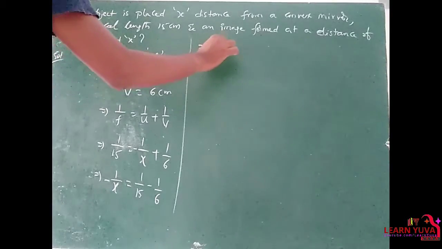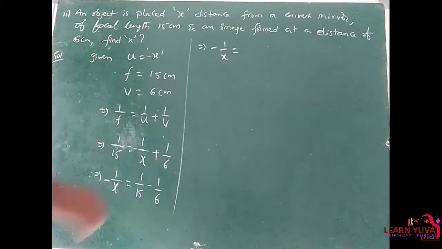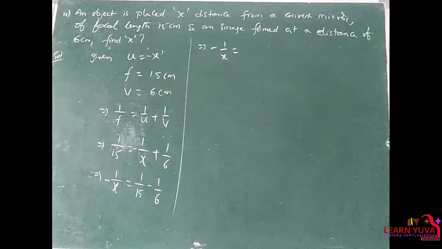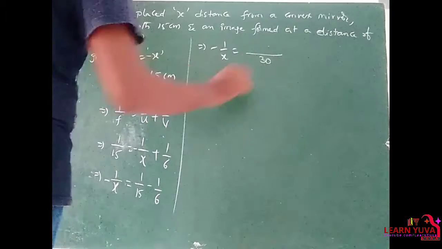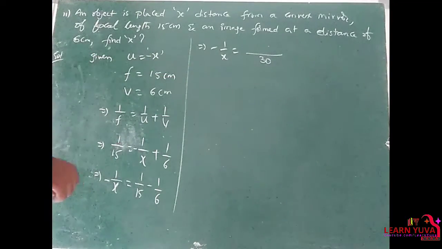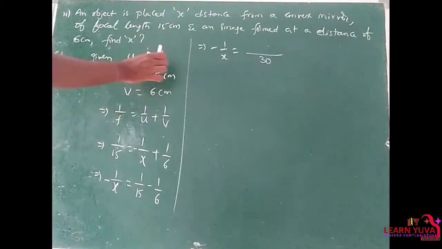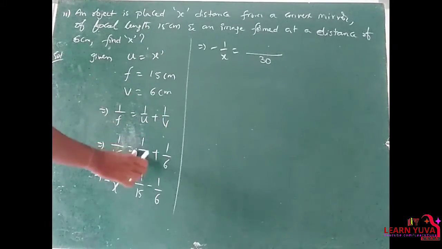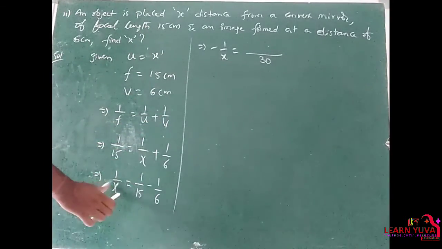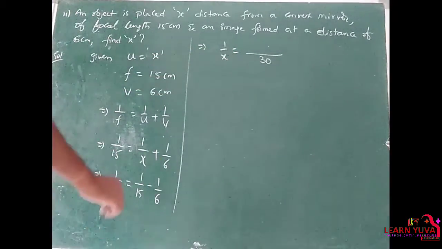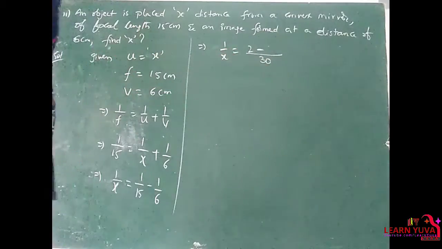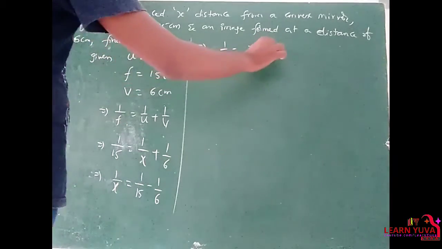So that implies minus 1 by x is equal to, LCM for 15 and 6 is 30. 15 twos are 30, minus 6 fives are 30.